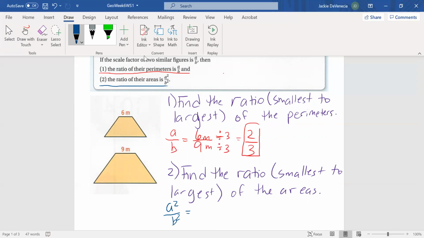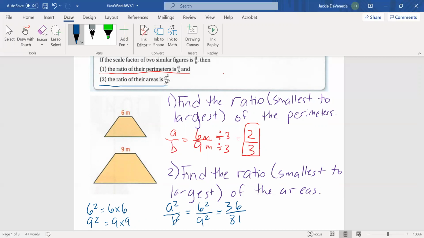Again, I'm going to have my smallest measurement, but this time with that exponent, and the biggest measurement, also with that exponent. So 6 squared, or 6 to the second power, is the same as 6 times 6, which is 36. And 9 to the second power is the same as 9 times 9, which is 81.